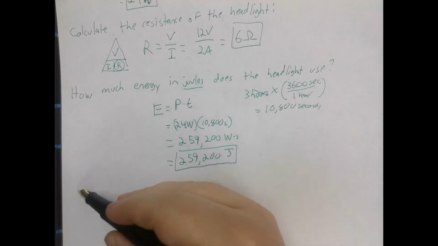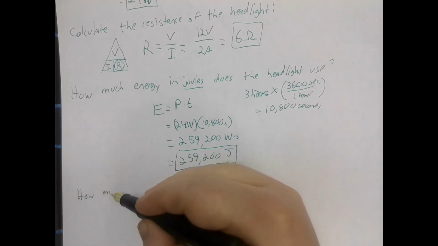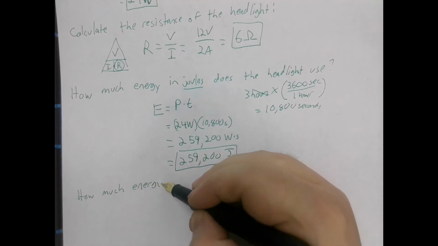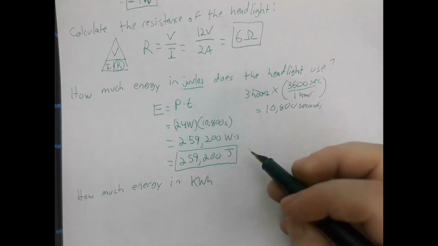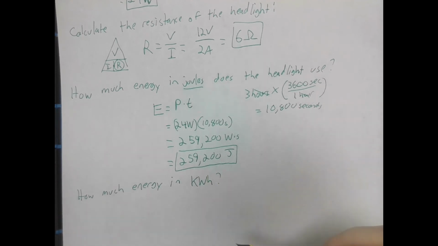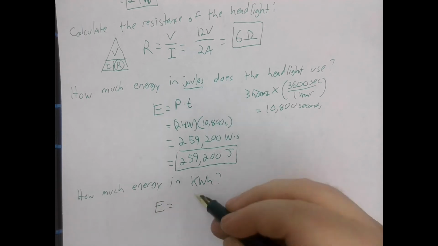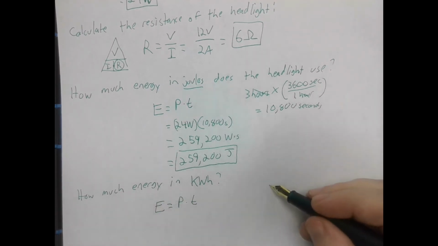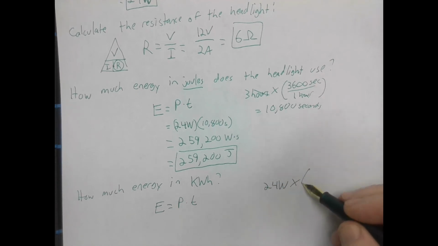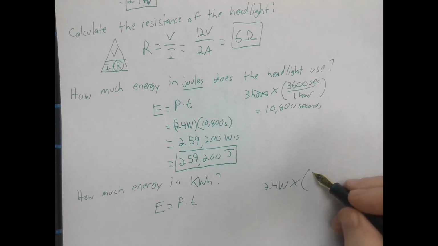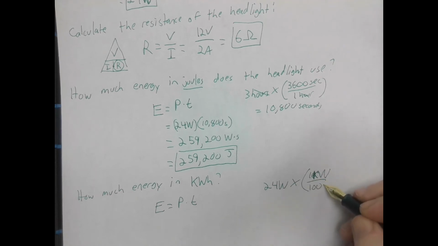We could have also calculated it in kilowatt hours by doing the same thing, except we're going to convert power into kilowatts. So 24 watts times there is 1 kilowatt and 1,000 watts.